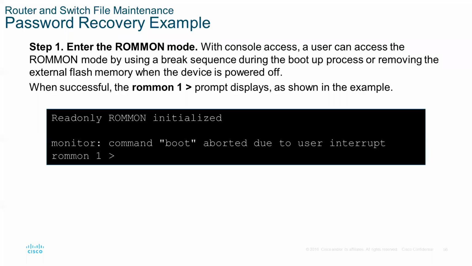So when we turn on, we need to initiate a break sequence from the console. This aborts the normal boot sequence and drops it in the ROMMON mode. Now that number represents the line that will change as you work through.